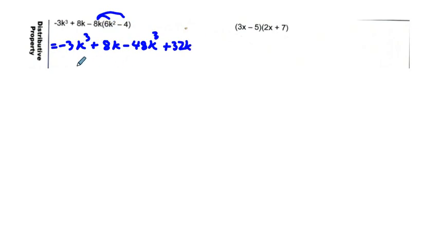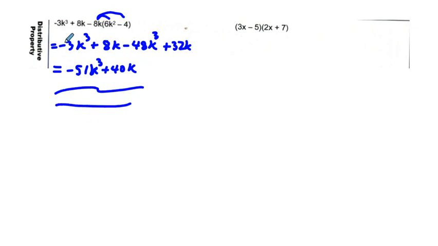And then combining like terms, we have negative 3k cubed minus 48k cubed. That's going to be negative 51k cubed. And then we have 8k plus 32k, so that's going to be plus 40k. So that's going to be that first one worked out.